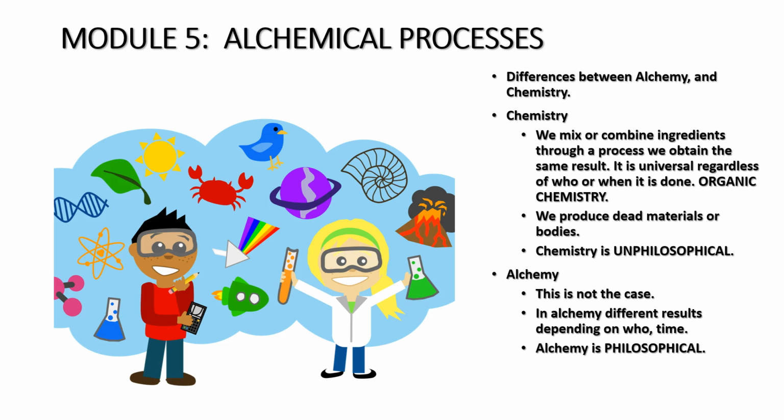In Module 5, we're going to learn alchemical processes. The 7 basics. It is said that the aptitude of the artist, more than the process itself, is what makes alchemy the divine art.